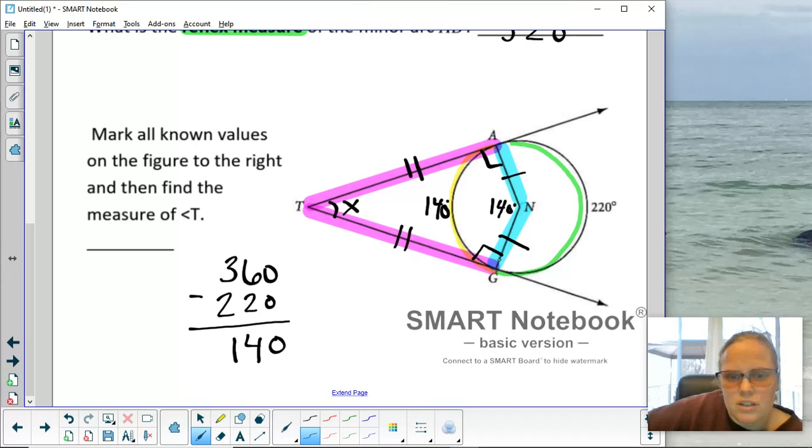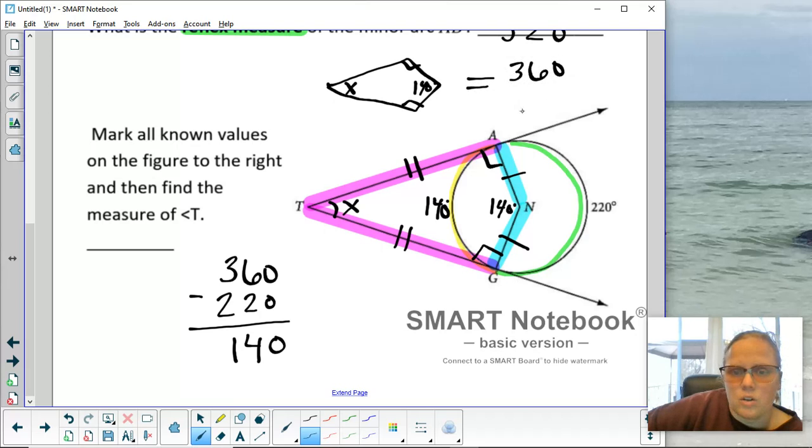Now if I take just the basics of this shape, we have a quadrilateral with two 90-degree corners, 140 degrees over here, and then the missing angle, which is our angle T. Because this is a quadrilateral, quadrilaterals always equal 360 degrees.